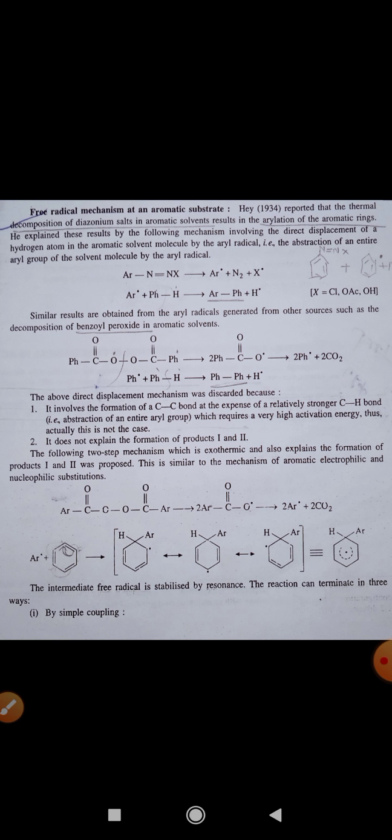After evolution of CO2, it gives rise to the formation of a phenyl free radical. The phenyl free radical combines with benzene, hydrogen is given out to form biphenyl.